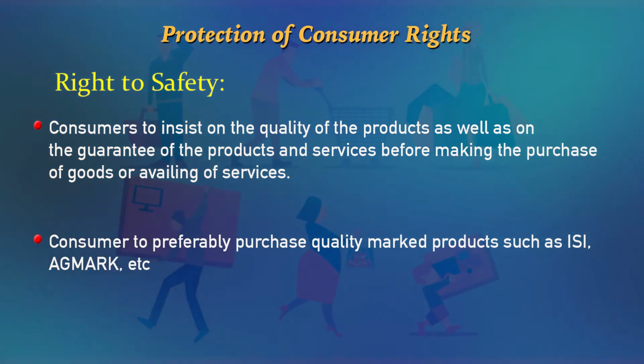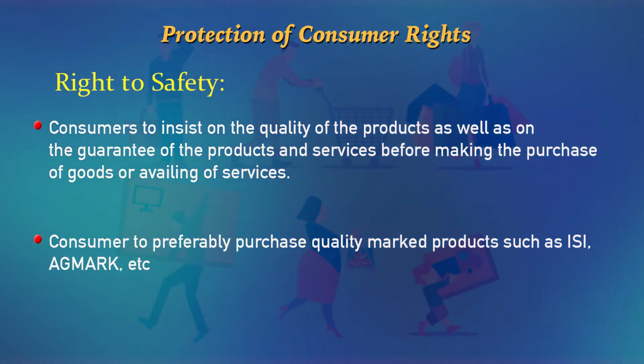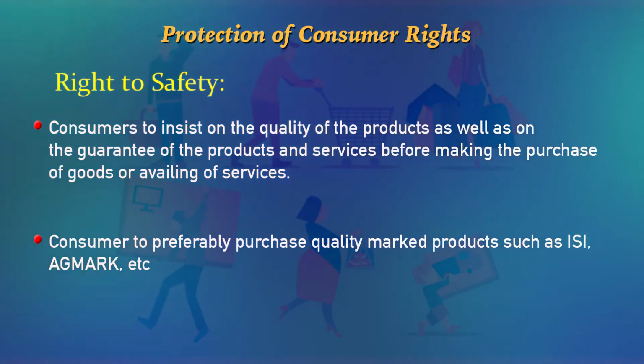The consumers should also purchase quality products, preferably branded ones like Agmark or ISI standards. Agmark is the standard authority which certifies the quality of agriculture-related products. Similarly, ISI is also a certifying authority to ensure the quality of the product.